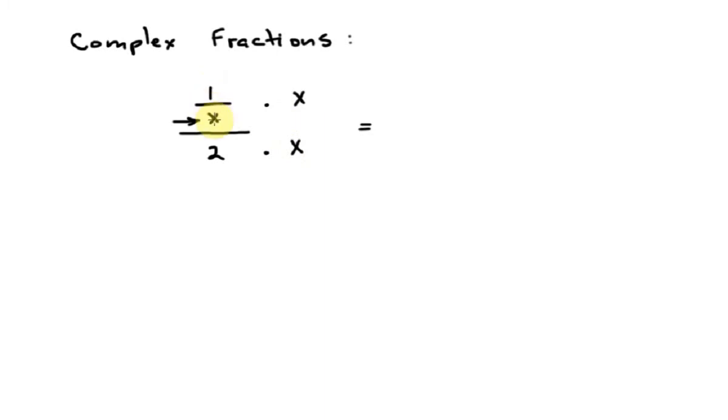So I'm going to have 1 over x times x, or if you like, x over 1. So these x's would cancel, and I end up with a 1 over 1. That's just a 1 on the top, and on the bottom, I have 2 times x. So there is my simplified fraction.